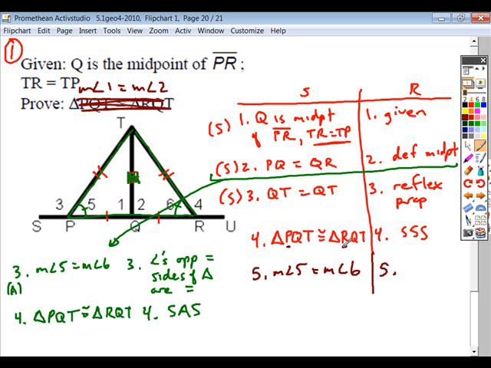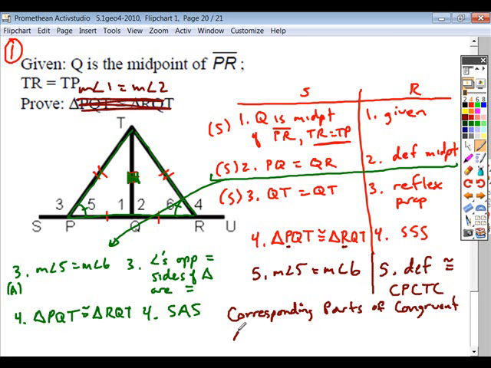And the reason for that is we have this congruent statement, so we can either call it definition of congruence, okay, or there's another way to identify this, and that way is the acronym CPCTC. What CPCTC stands for is, again, pretty much defining what congruence is, but it says corresponding parts of congruent triangles are congruent.